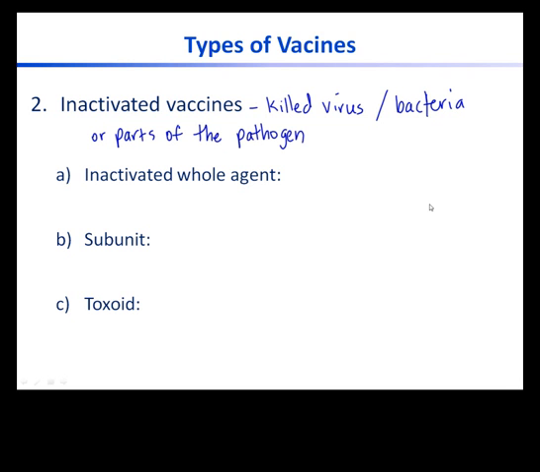We can divide inactivated vaccines into 3 major categories listed here: inactivated whole agent, toxoid, and subunit vaccines. The annual flu shot is an example of an inactivated whole agent vaccine. Influenza is grown in chicken eggs, purified and chemically inactivated, so the flu shot is an injection of killed influenza virus. The polio vaccine is also an inactivated vaccine.